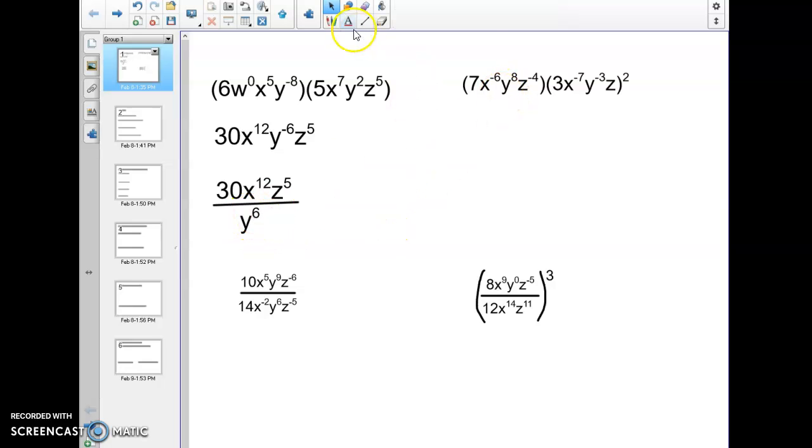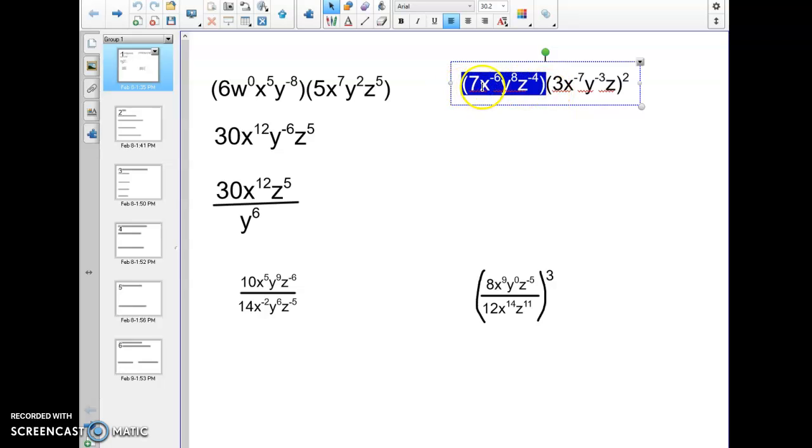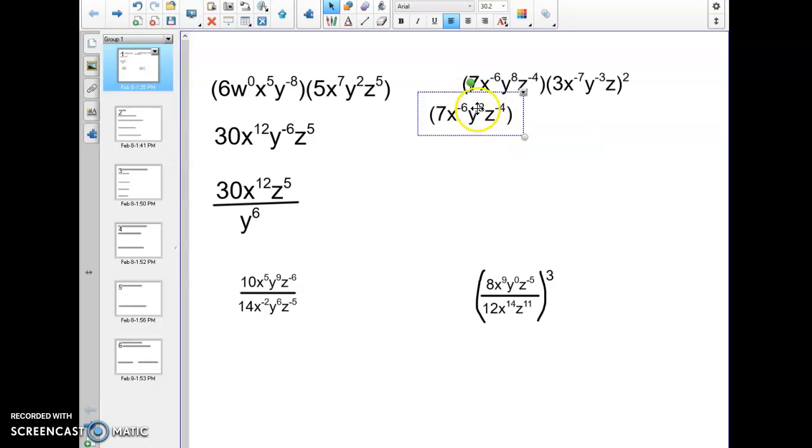And there's my answer. My second one, I need to distribute the exponent first. So I'm literally going to take this right here and copy this down. And then next to it, we're going to distribute that exponent. 3 squared, it's not 6, it's 9.